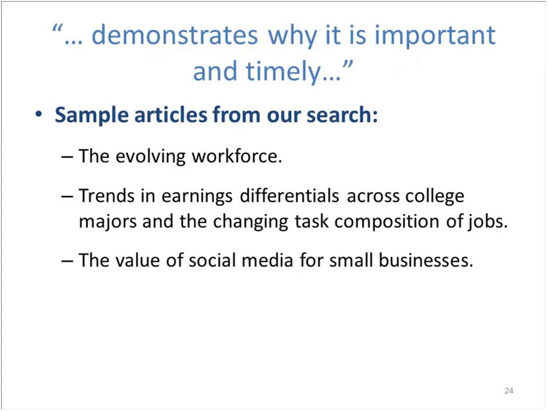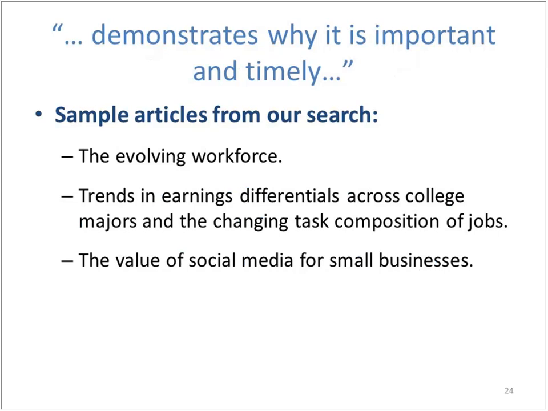So in addition to providing context, the literature review also demonstrates why the research that you're going to do is important and timely to the field of study. So here are some other articles that came up in the search. How would these articles demonstrate that your research is going to be important? Based on these titles, it looks like we could learn how companies might be reducing their staff, but at the same time increasing their use of social media platforms.